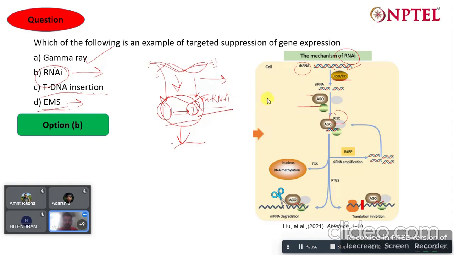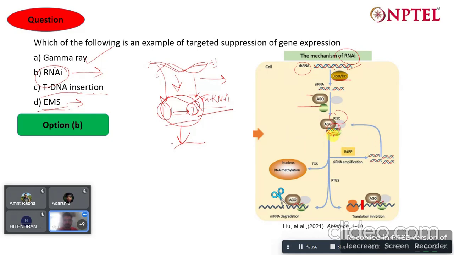They basically generate a small RNA, less than 30 nucleotides, that is specific for a specific gene.